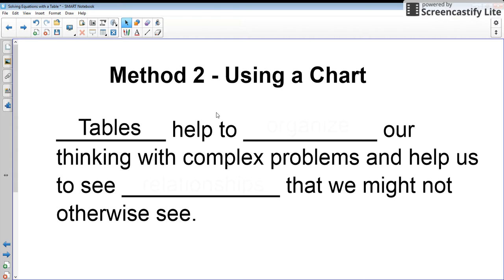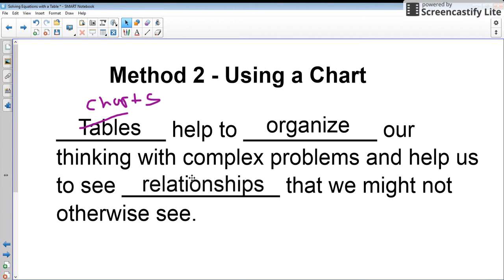Anyways, tables, another word for charts, one or the other. Charts or tables, same thing, same difference. They help to organize our thinking with complex problems and help us to see relationships that we might not otherwise see.